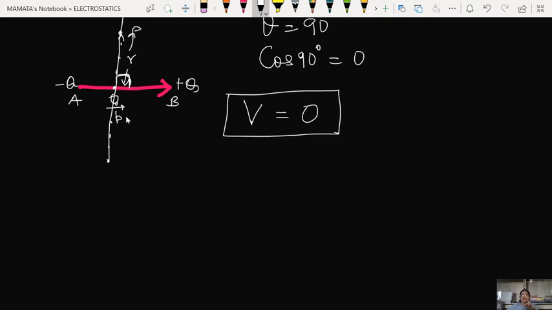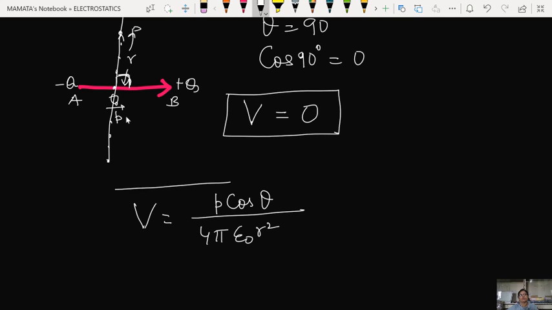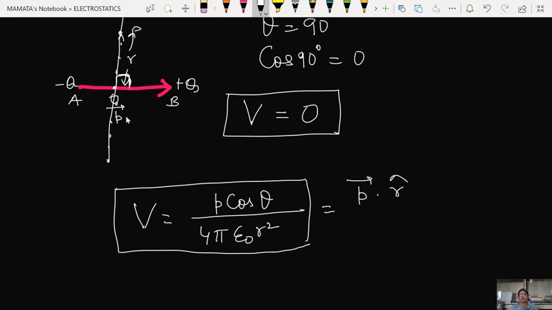So students, in this video we have studied the derivation of potential at a point due to an electric dipole. The generalized formula is P cos theta upon 4 pi epsilon naught r square, and it can be written in vector form as the dot product of P with the unit position vector of the point.